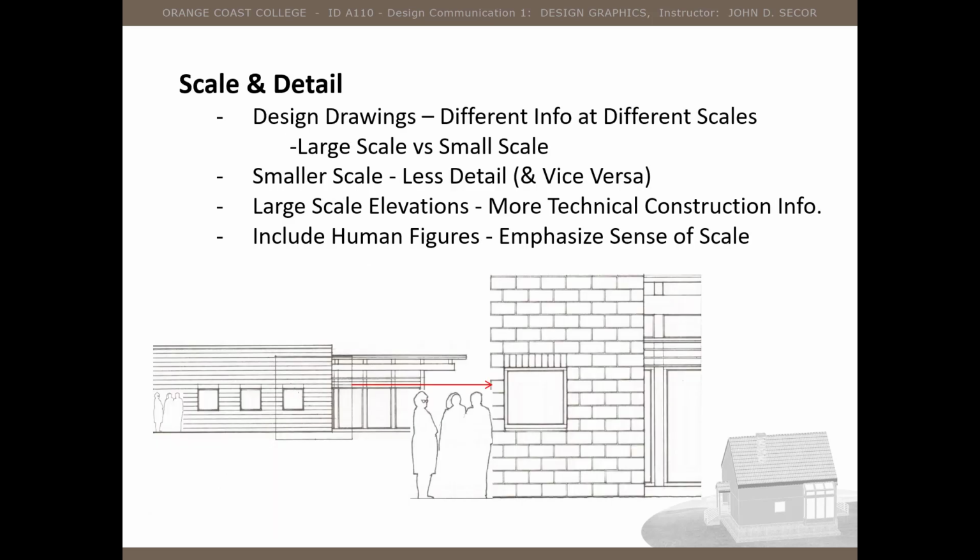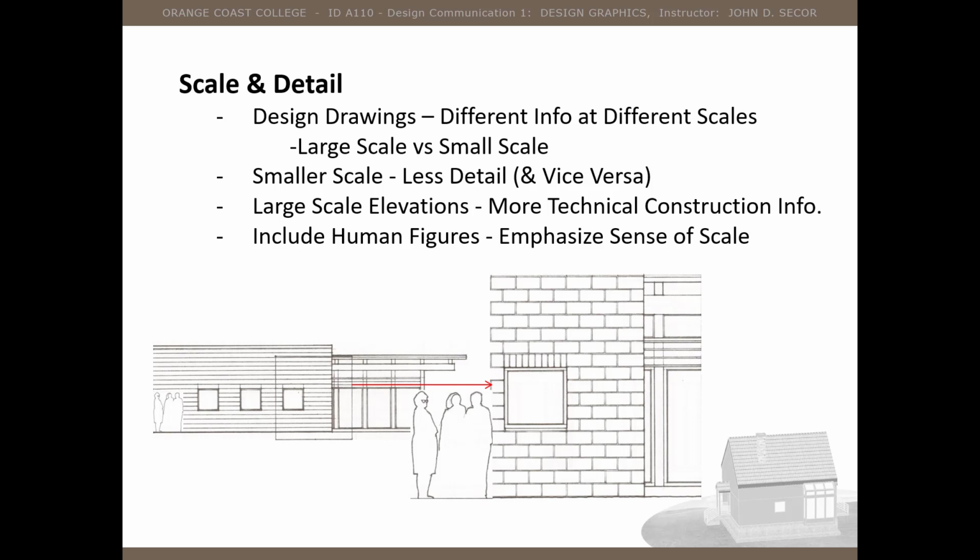So we've talked about scale in the past, and I won't spend much more time on it, except to say: small scale, small detail, not a lot; large scale, more detail. It's important. The small detail and the large detail are kind of married in a certain sense by using people to represent scale.